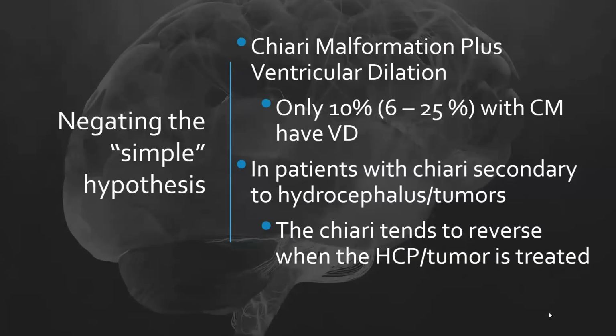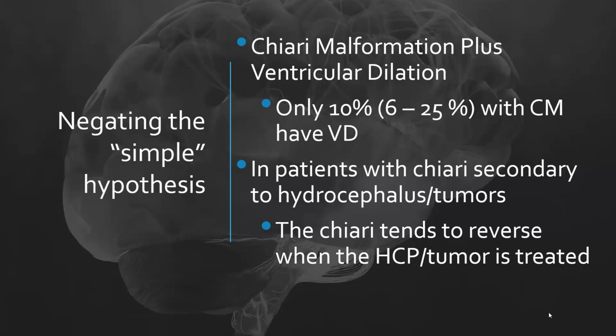And even though it may be true for a certain percentage of Chiari malformations, if we look at studies, we see that anywhere from 6 to 25% of patients with Chiari malformation have ventricular dilation. And I would say most people say about 10%. Therefore, a vast majority don't have ventricular dilation, and therefore this theory wouldn't hold for the rest of these patients.